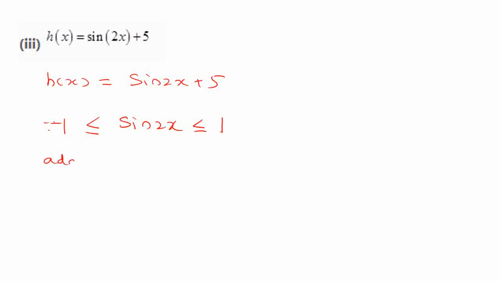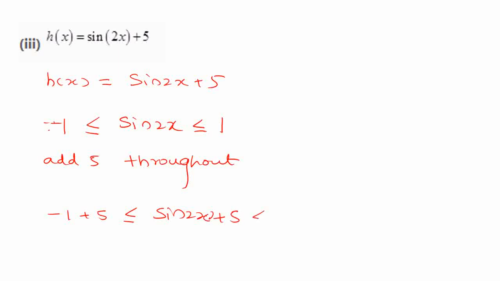So minus 1 plus 5 less than or equal to sine 2x plus 5 less than or equal to 1 plus 5. So that is 4 less than or equal to sine 2x plus 5 less than or equal to 6.